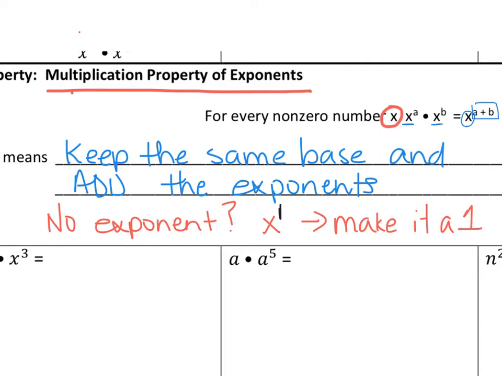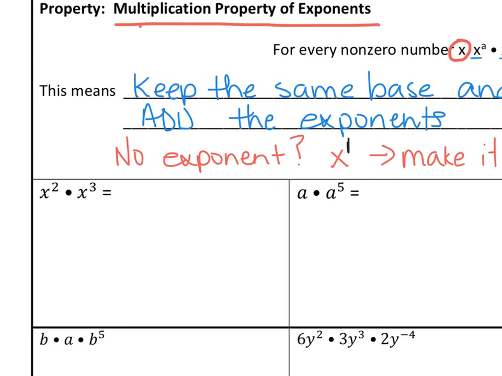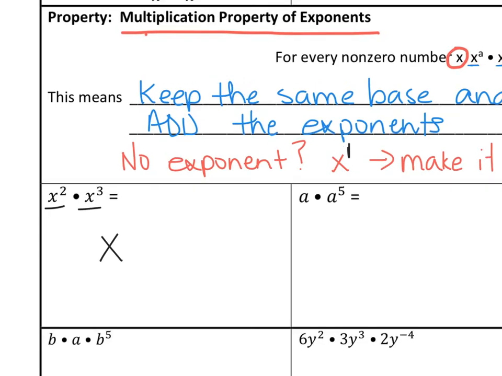So let's take a look at x squared times x to the third. The base is the same, it's both x, so we're going to keep the base and we're going to add the exponents. So it's 2 plus 3, and that will give us x to the fifth. So x squared times x to the third is the same as x to the fifth.